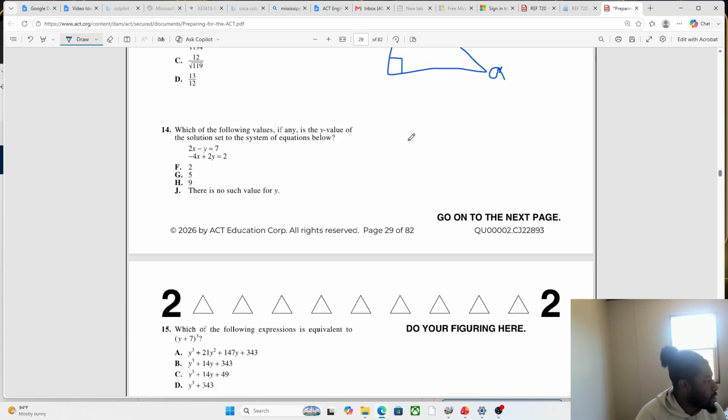So you could eliminate. So let's do that first. Or is that the only way to do this? Yeah, I think elimination might be the only way. Nope. There are 2 ways.